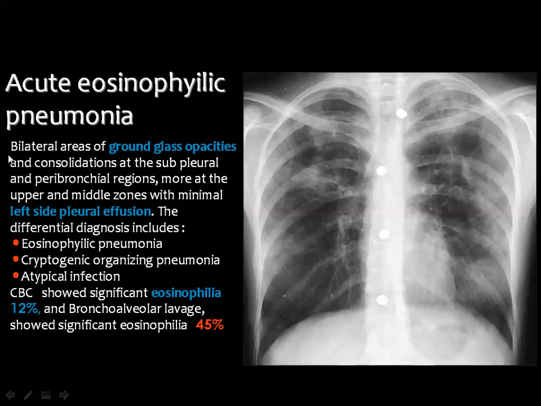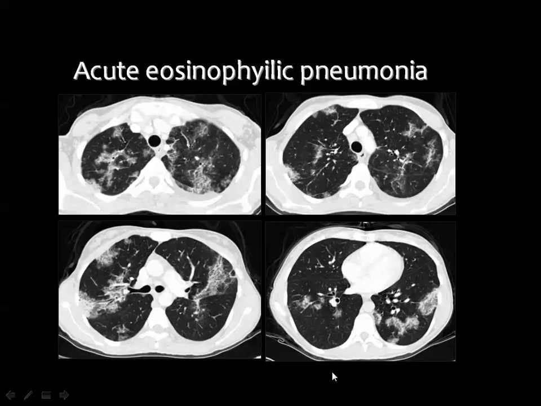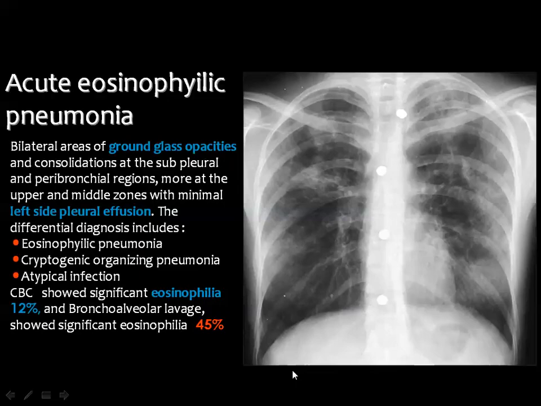This patient has bilateral ground glass opacities and consolidations, with minimal pleural effusion seen in the CT scan, and you see left-sided pleural effusion.